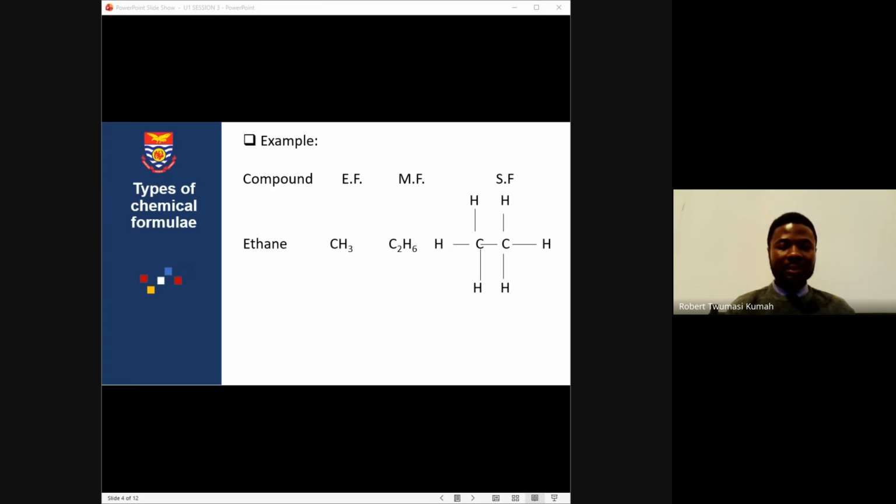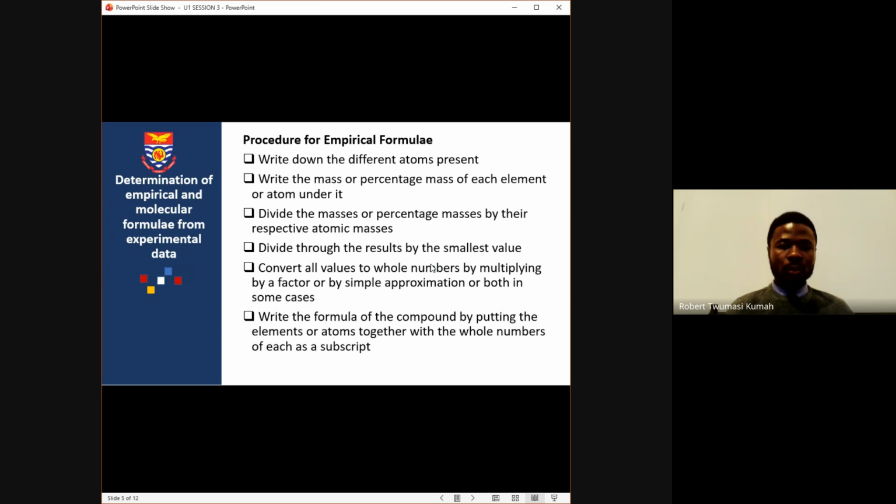If we are reversing, we divide, so that we get the simplest whole number ratio, so that we get our empirical formula. Okay, so let's look at how you can write empirical formula, and we'll proceed to look at molecular formula.